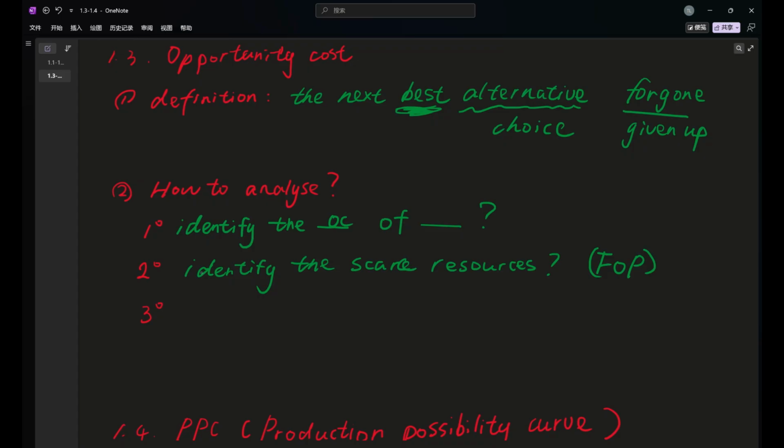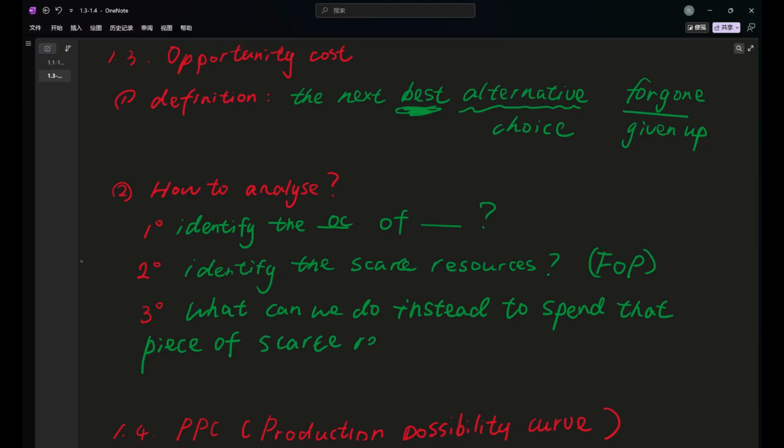And the third thing is, what can we do instead to spend that piece of scarce resource? So in our early example, the scarce resource is money.